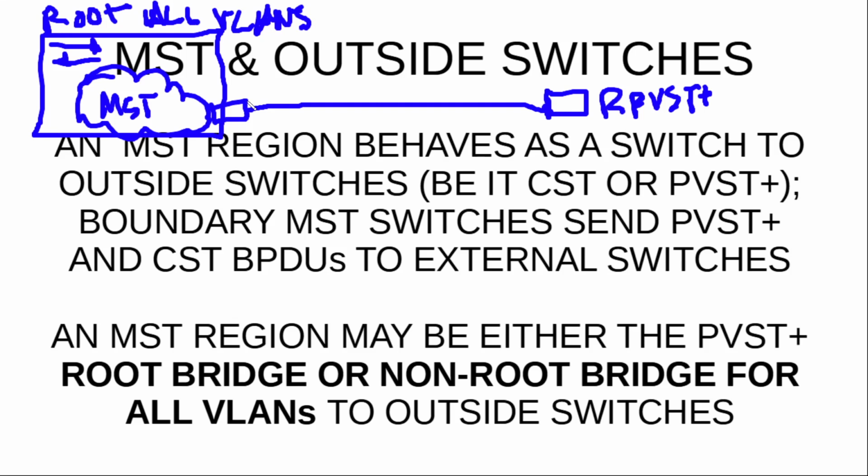You cannot choose VLAN 10 to have a root switch inside here, and VLAN 20 to be this switch, and VLAN 30 to have a root switch inside this MST region, and VLAN 40 to have a root switch, this switch. So you cannot mix that. You should choose to have all the roots of your VLANs inside your MST region, or you can choose to be non-root for all VLANs.